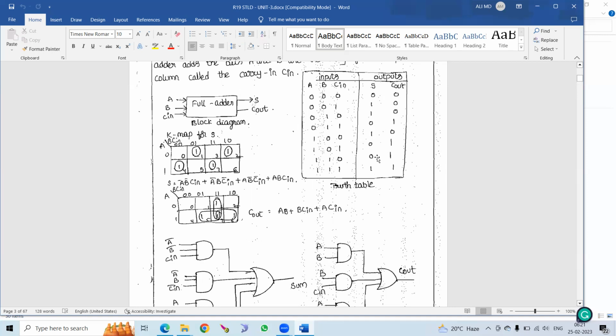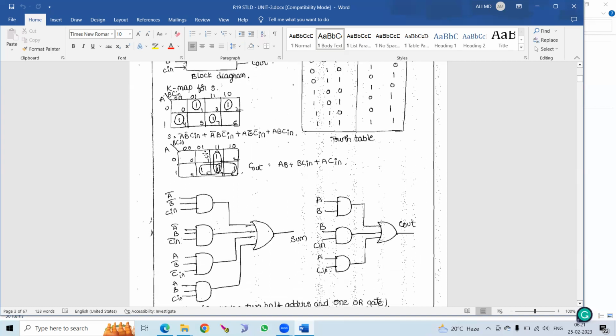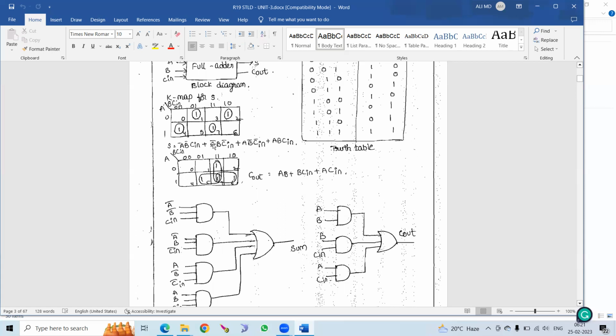By using these variables, we go for a 3-variable K-map, where we get the 8 cells.